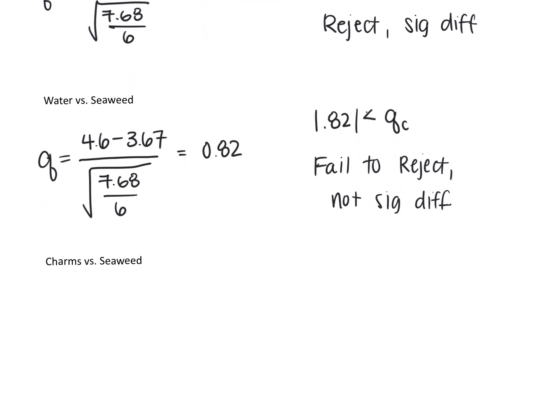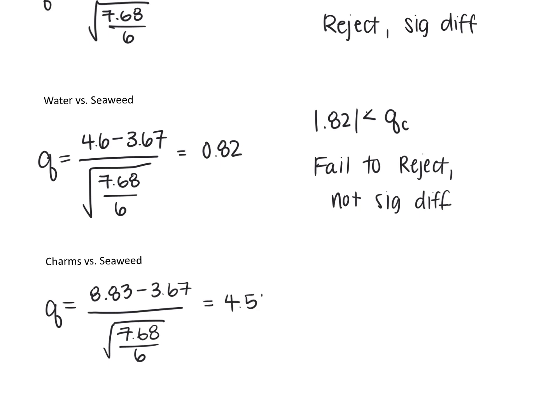And then our last example, the charms versus the seaweed, we have 8.83 minus 3.67 over the square root of 7.68 over 6, which gives us 4.56. So we do the absolute value of 4.56, which is greater than our critical value, which means we reject, and it is significantly different.